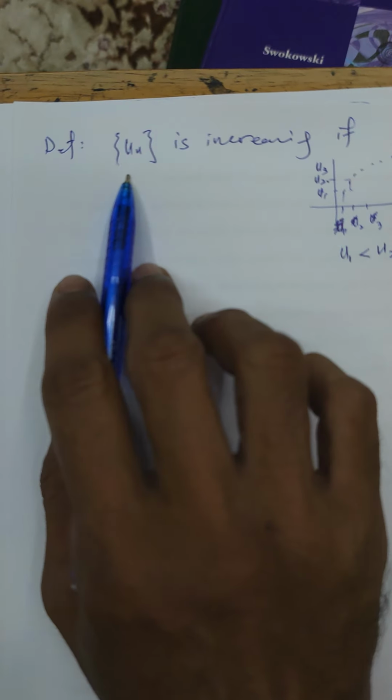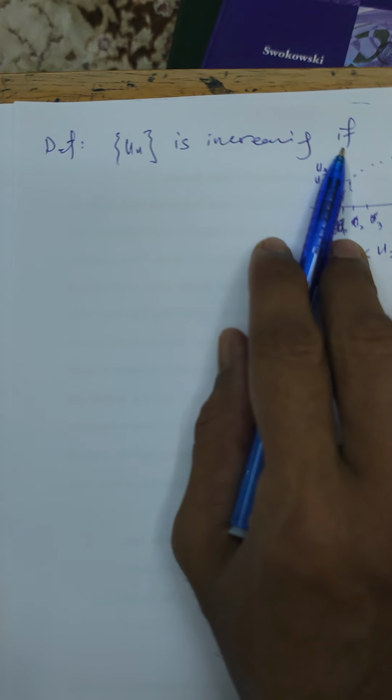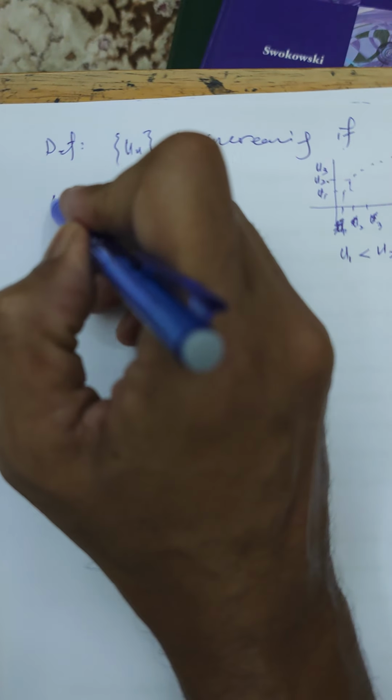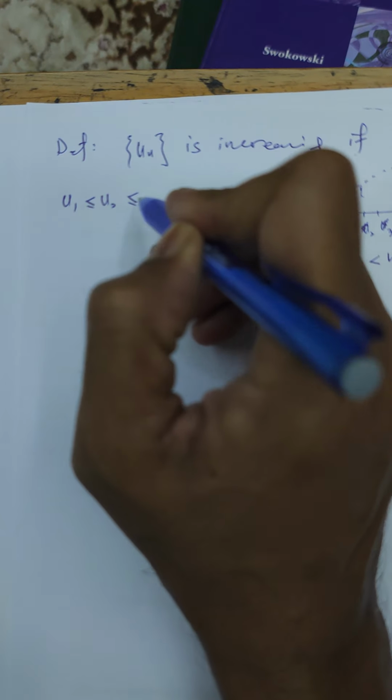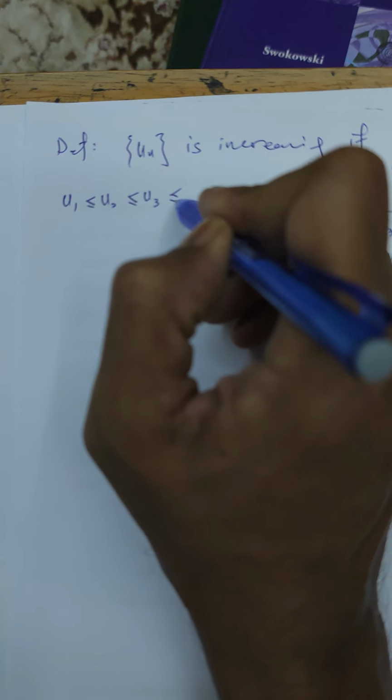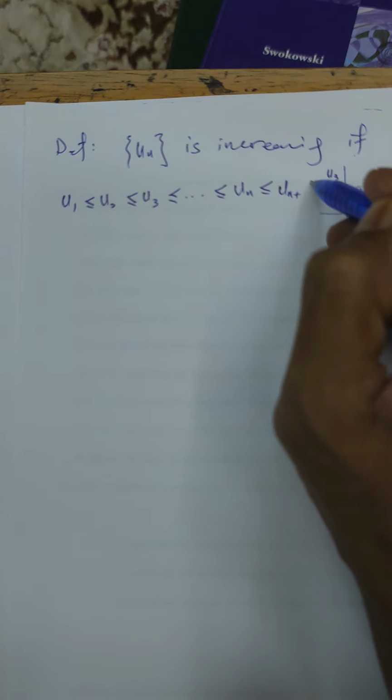Which means we say the sequence Un is increasing if U1 is less than or equal to U2, less than or equal to U3, and so on, less than or equal to Un, less than or equal to Un plus 1, and so on. So we say this sequence is increasing.